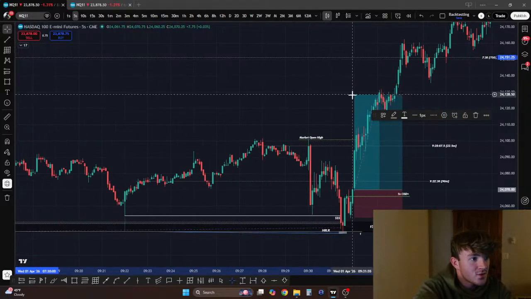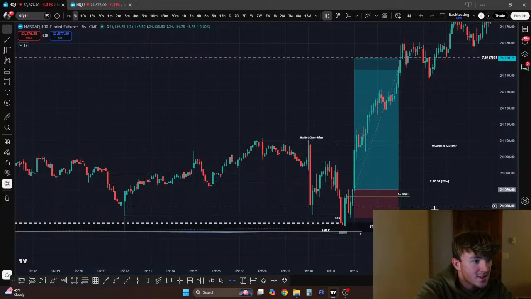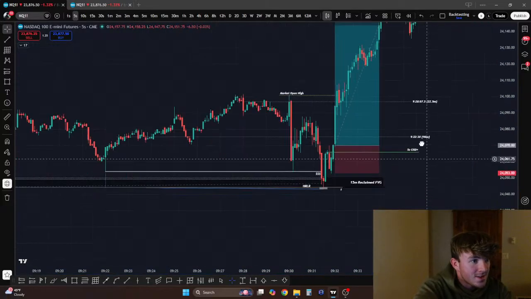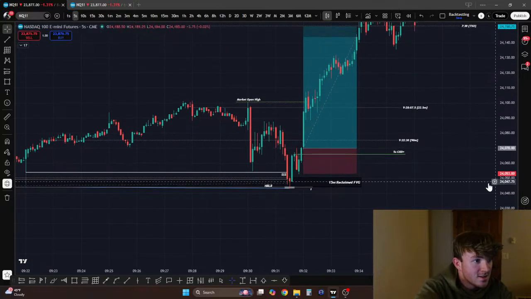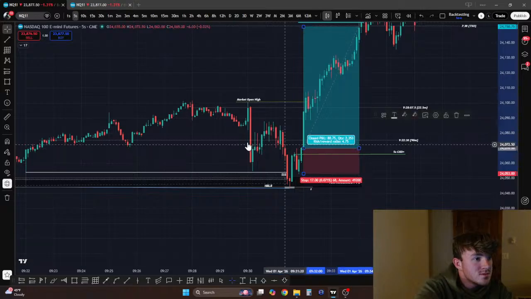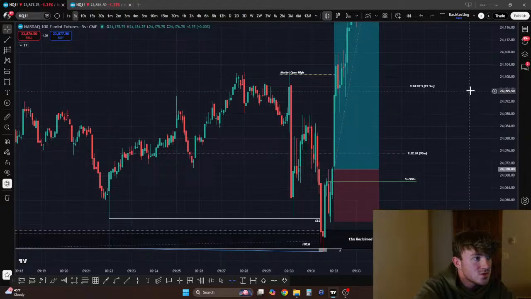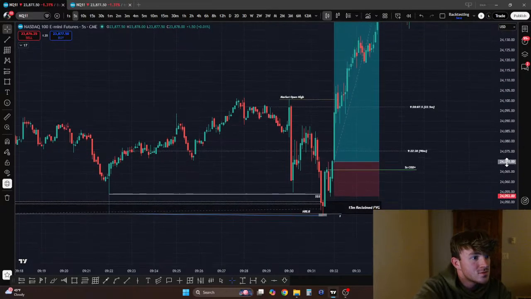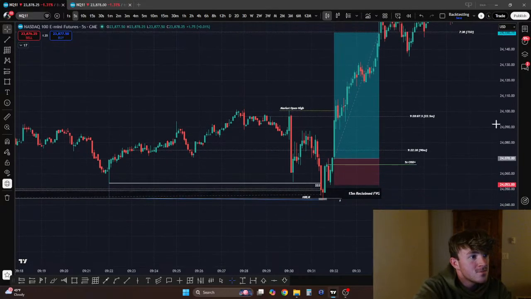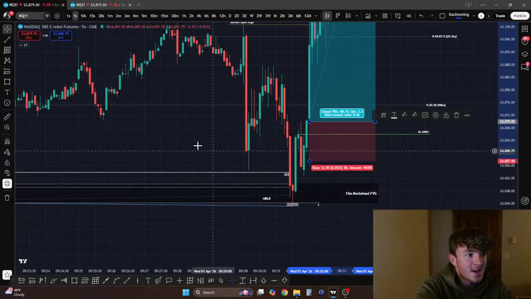We end up with a trade. Obviously, I'd scale out. But we end up with a trade that's really, really nice, actually. And obviously, you could even have this even tighter.